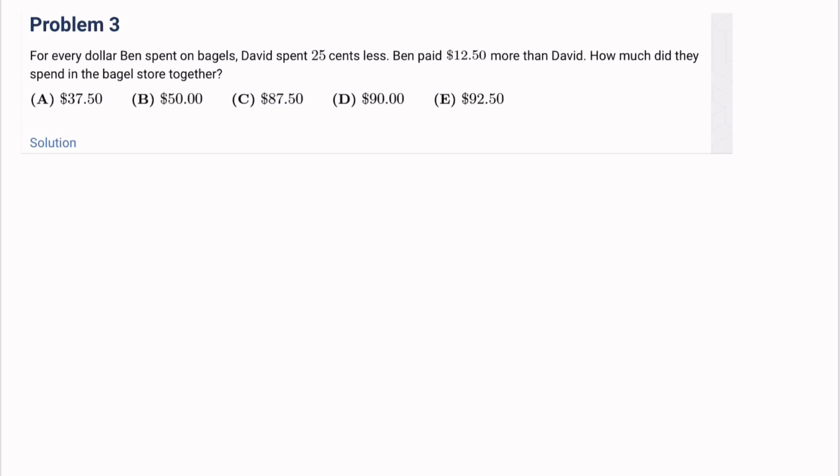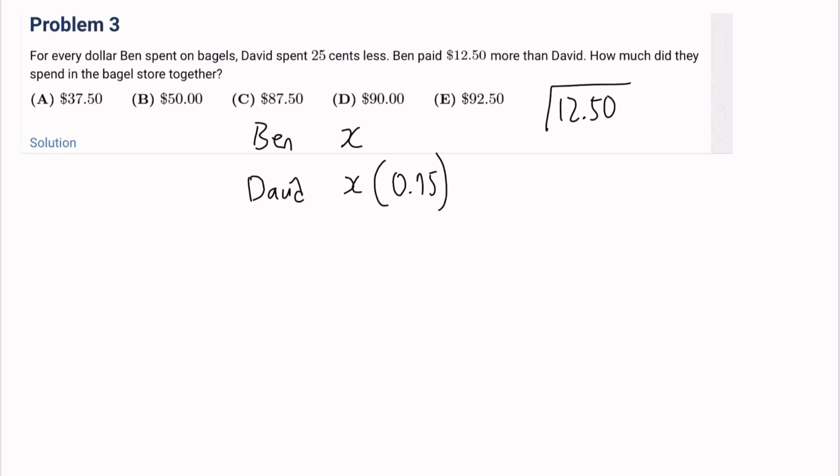Number 3, for every $1 Ben spent on bagels, David spent 25 cents less. Ben paid $12.50 more than David. How much did they spend in the bagel store together? Okay, so if Ben spent x dollars, then David spent x times 1 minus 0.25, so 0.75. So David spent 25 cents less, and since Ben paid $12.50 more than David, we divide 12.50 by 0.25.